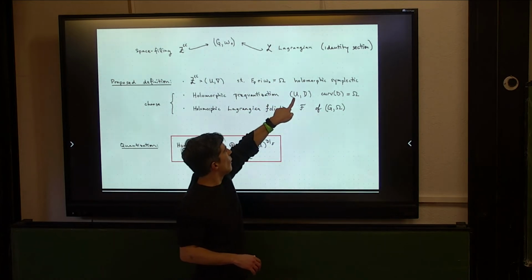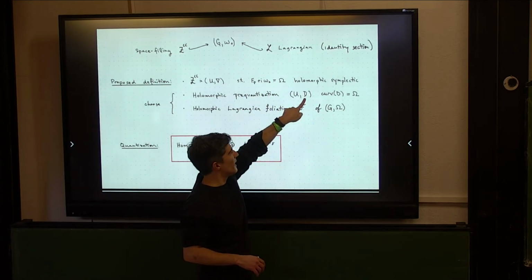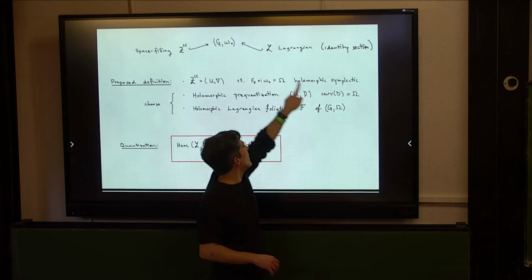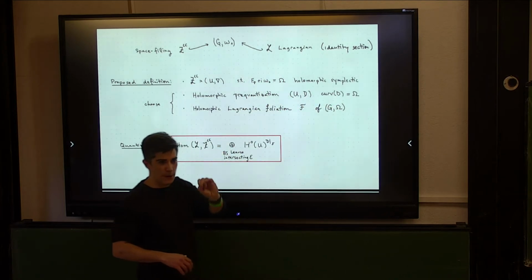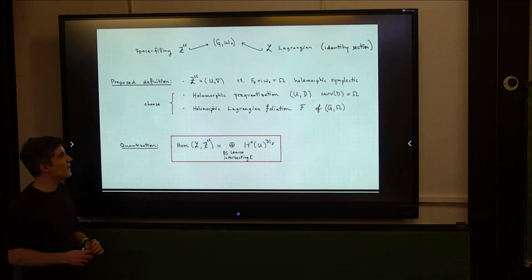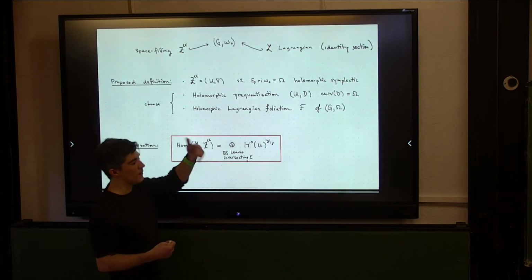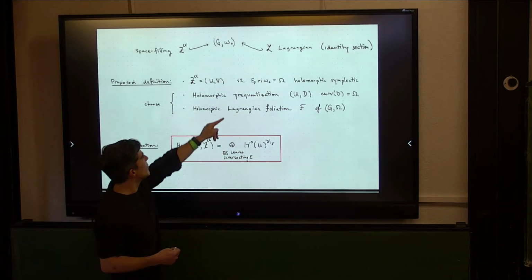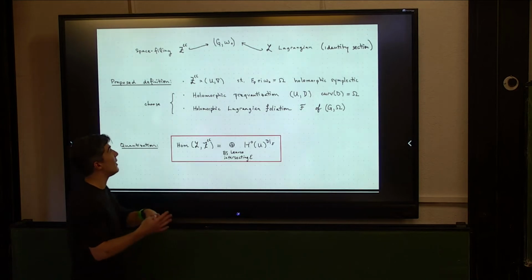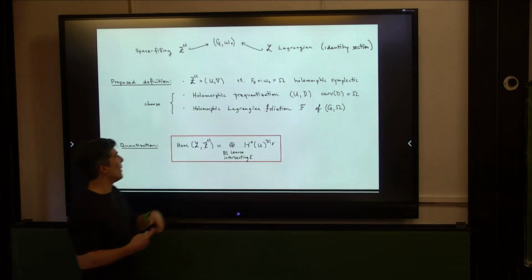We want a holomorphic line bundle with a holomorphic connection whose holomorphic curvature is this. That is a very strong requirement, but in the examples that we worked out, we can do this. And in the T star S2 case, you can do this. So now we have a holomorphic pre-quantization of the space-filling brane.